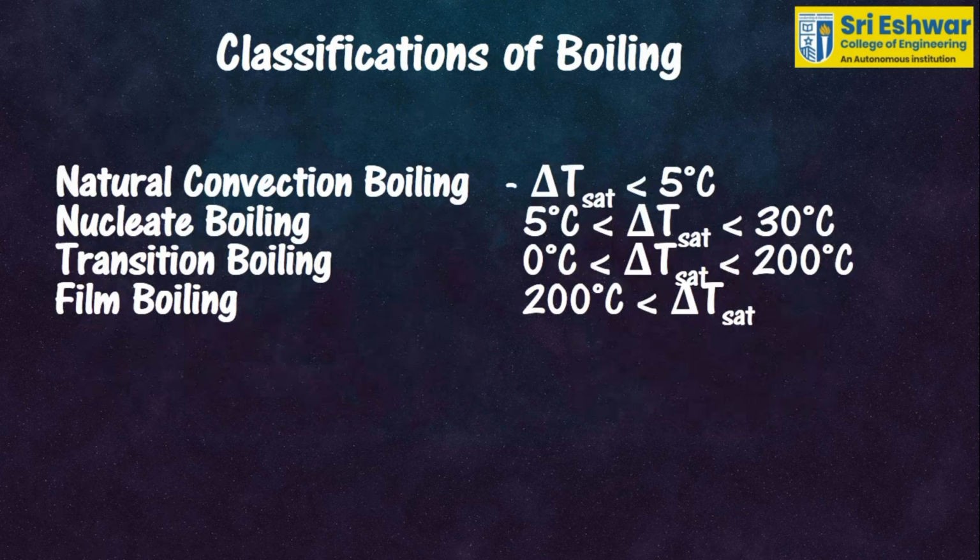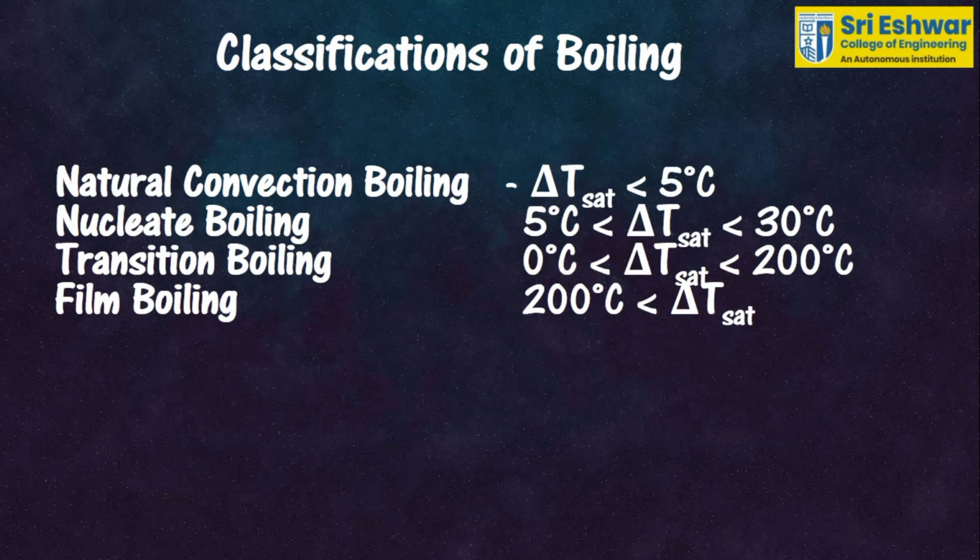Now let us see the classification of boiling with respect to the saturation temperature. Natural convection boiling occurs at less than 5 degrees Celsius of delta T saturation.